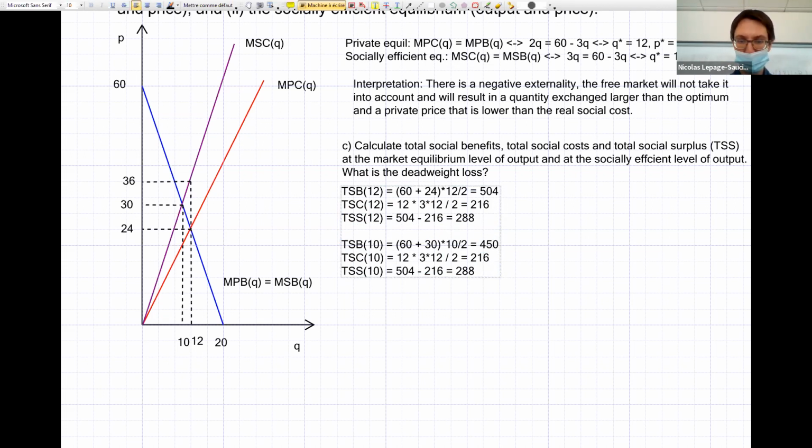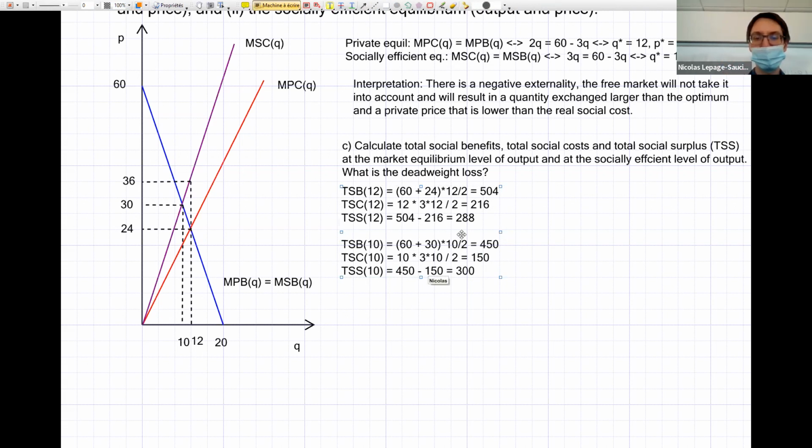And the cost is 10 times 3 times 10 divided by 2, so that's 150, I think. So that's easier. Sounds good.